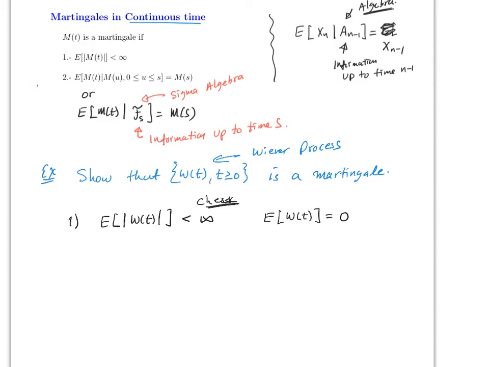It's actually pretty easy. Now what about the second property? We want to show that the expected value of W_t given the information, or some sigma algebra, up to time s should equal W_s. So this is what we want to show.